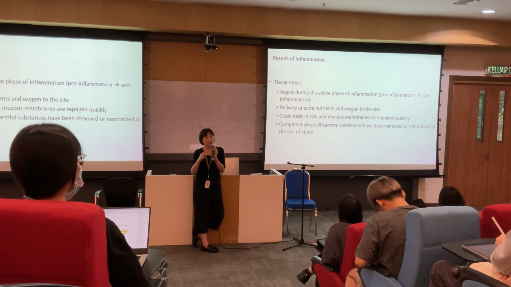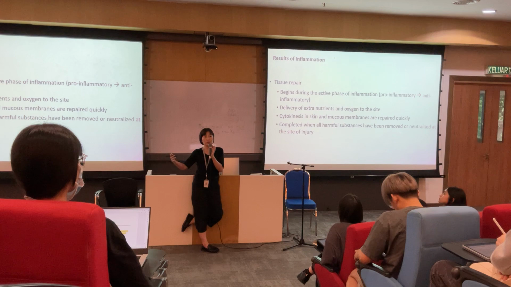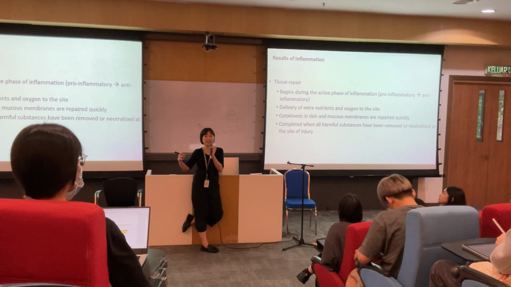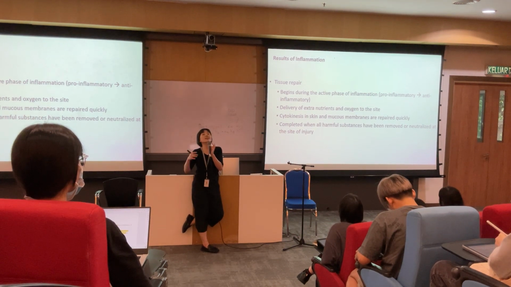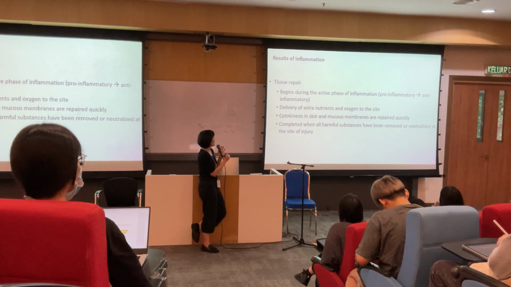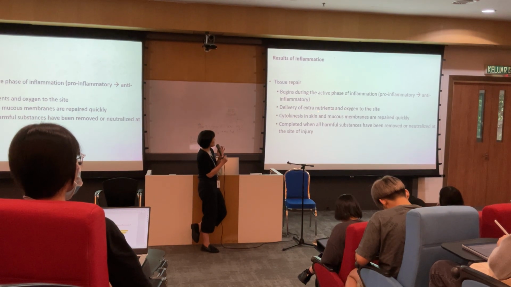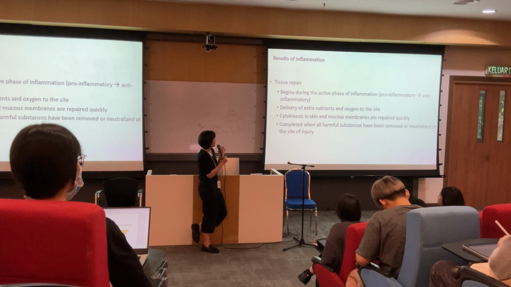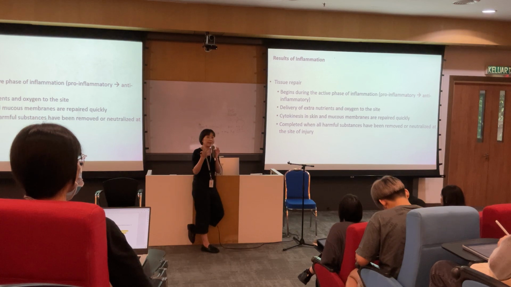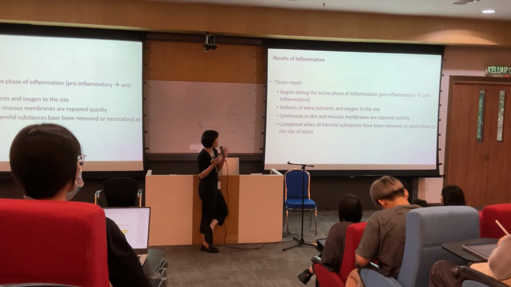Normally the nutrients are brought through the blood, right? So you need to actually develop the blood vessels. So through the angiogenesis, they have new blood vessels developed at the site, and they bring in more nutrients, and they can repair the cells. Once they complete this process, the blood vessels that they built up additionally will be removed.